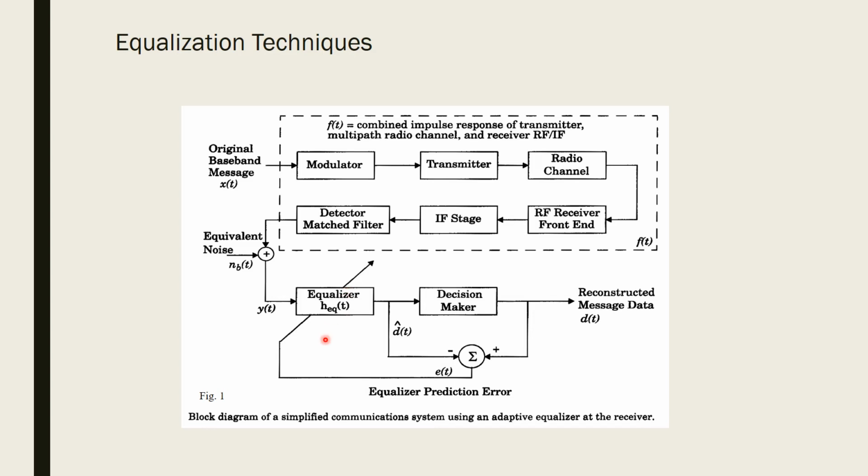The equalizer will try to compensate the received actual y(t) with the predicted error value, so that this almost becomes nullified. Almost your predicted value and your reconstructed message are going to be equal. This is how your equalizer is helpful in minimizing the intersymbol interference.